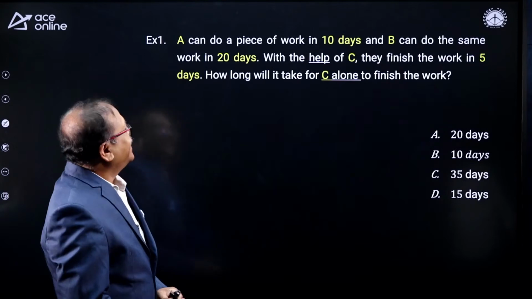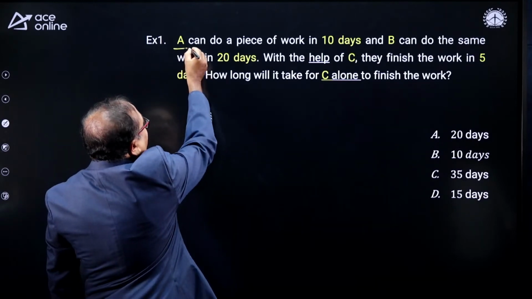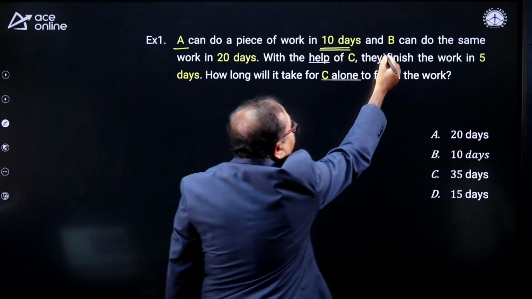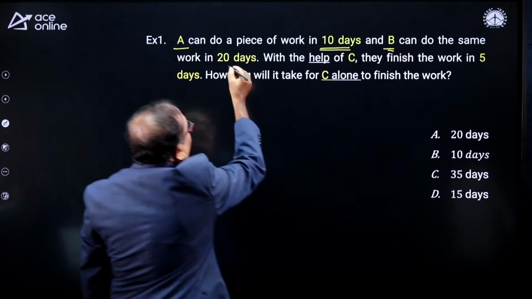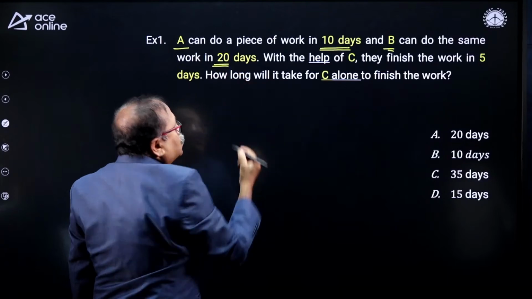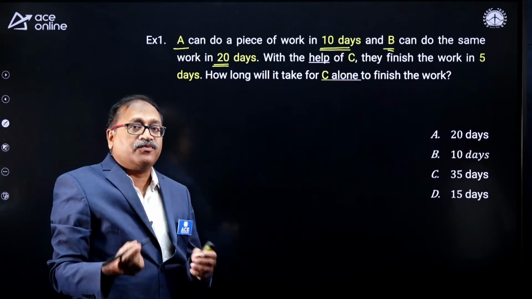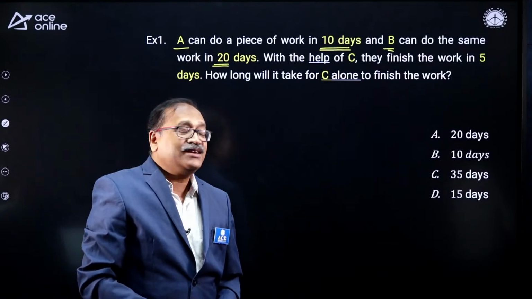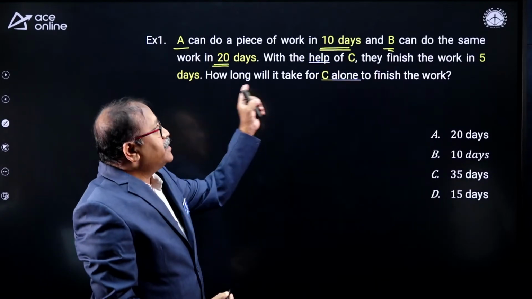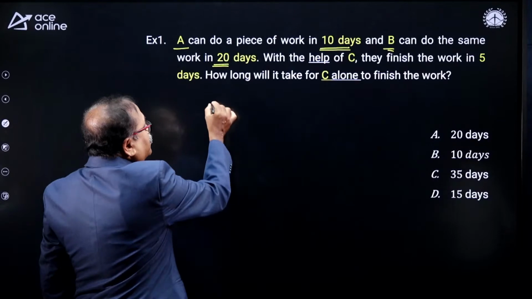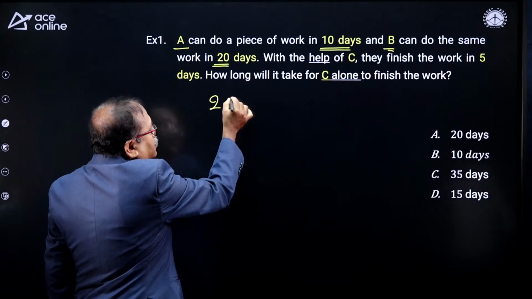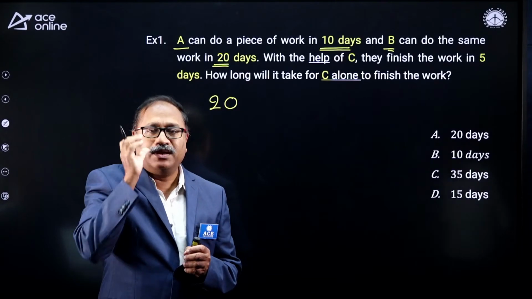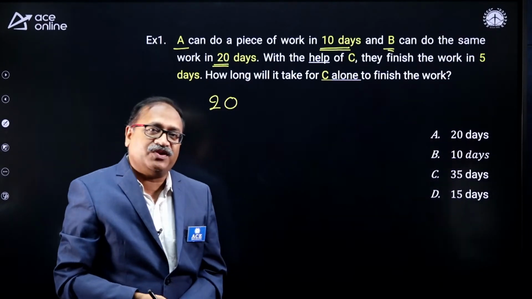I'll check it. So A can complete a piece of work in 10 days, and B can complete the same work in 20 days. One of the very effective methods is the LCM method. So let's take the LCM of 10 and 20, that is nothing but 20. This 20 is the total number of units of work.